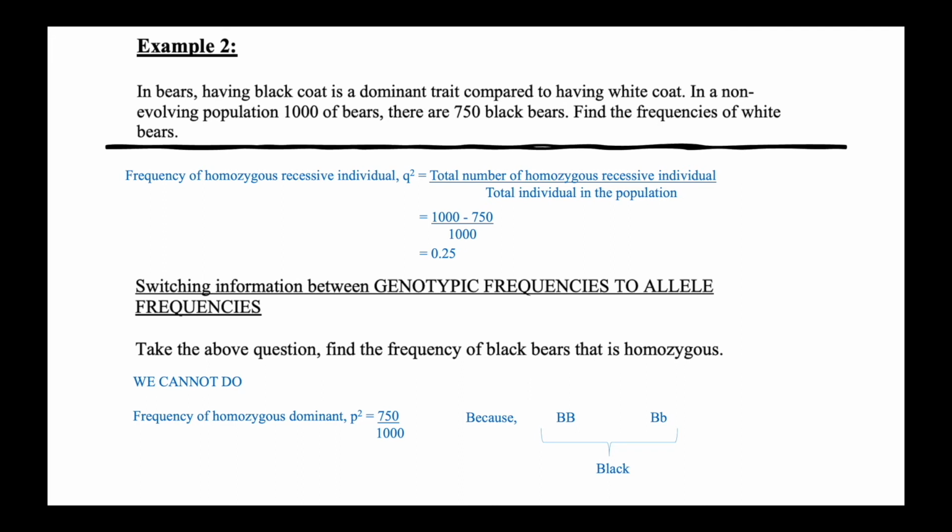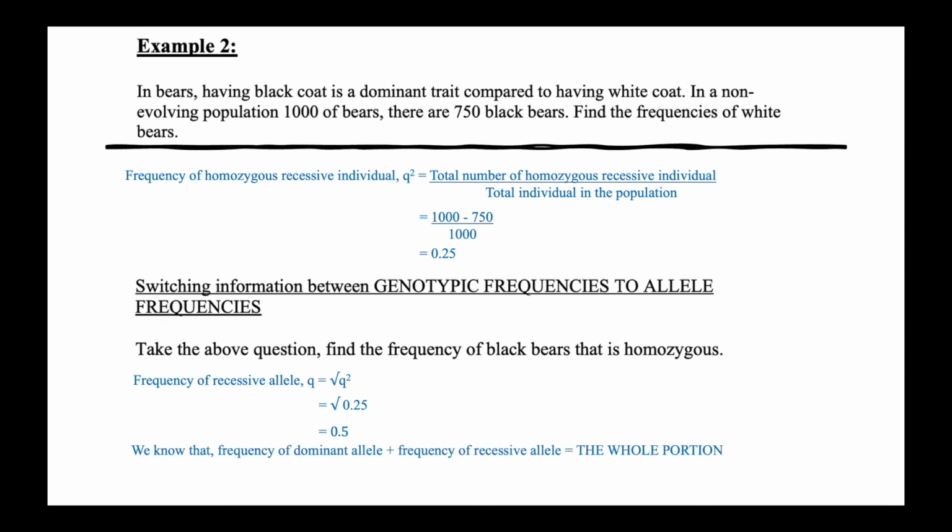So the 750 black bears consist of homozygous dominant individuals and also heterozygous individuals. We can use q square, the frequency of homozygous recessive individuals, to find q, the frequency of the recessive allele. Since q square is equal to 0.25, q is equal to the square root of 0.25, giving us the value of 0.5.